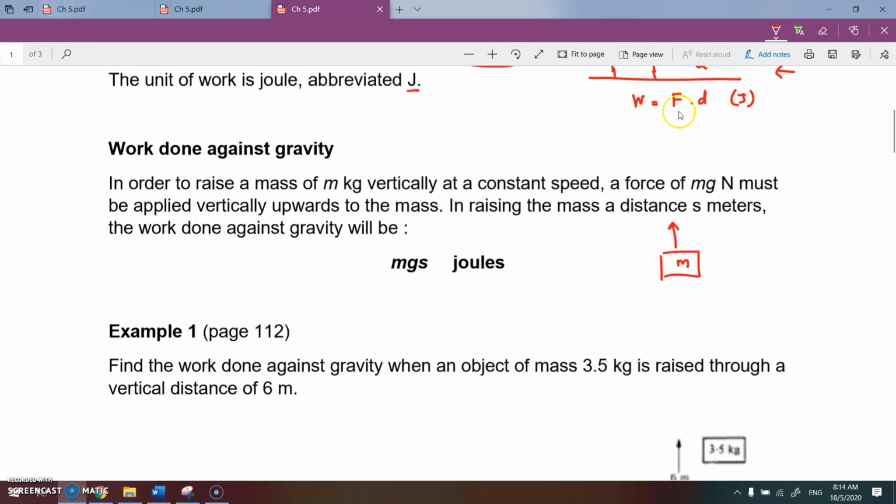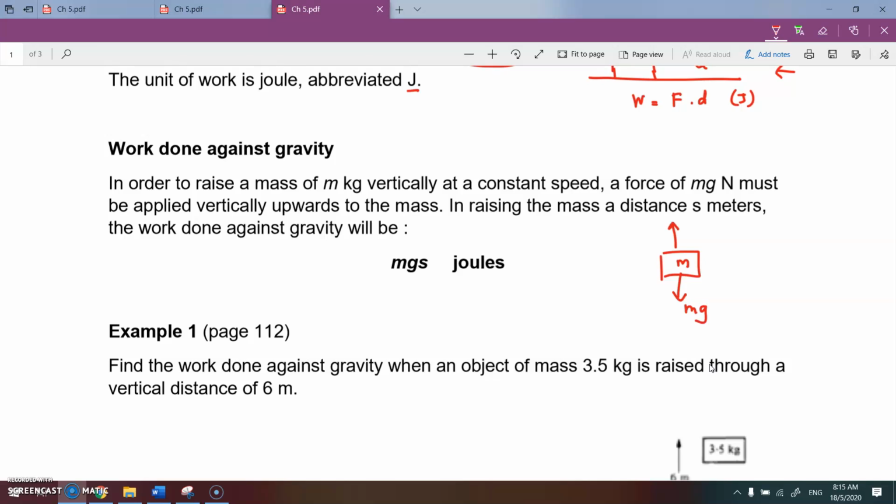In order to raise a mass of m kg vertically at a constant speed, a force of mg Newton must be applied vertically upwards to the mass. In raising the mass a distance of s meters, the work done against gravity will be mgs joules.